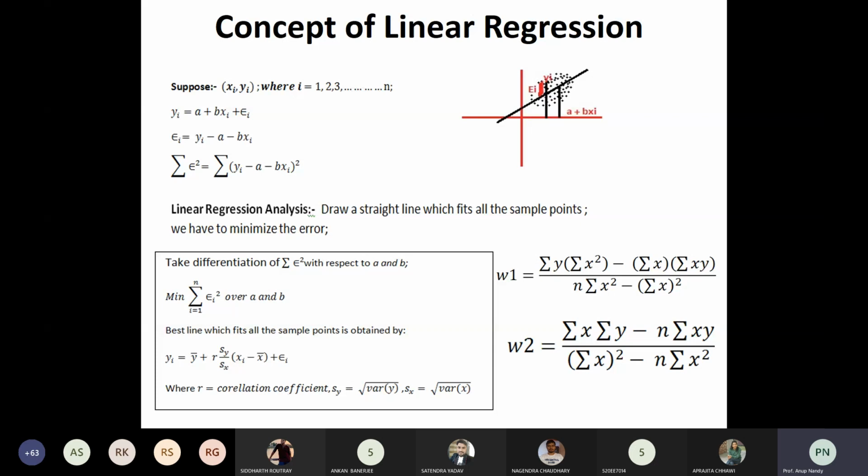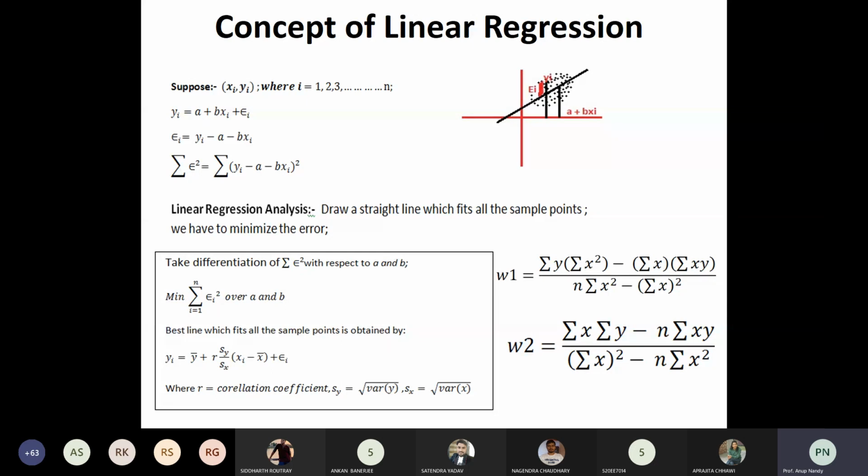Because if you use MATLAB or Python, you are just going to apply the fitting of a straight line. There is a concept called fitting a straight line. So eventually you are going to get the values of w1 and w2, where w1 is called the regression constant and w2 is called the regression coefficient.